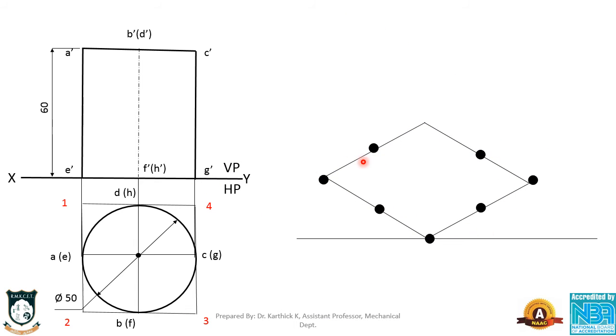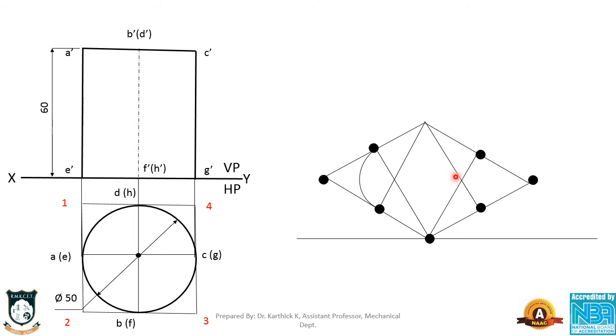Now we are going to draw the circle. For that, from this diagonal you make a line like this and like this. From this diagonal you make a line and you make a line. So after this, this point as center, this point as radius, you make an arc.